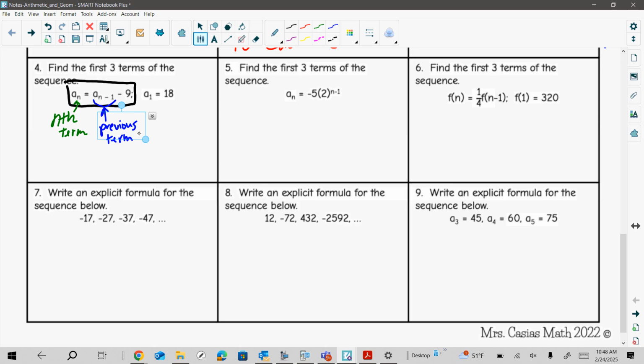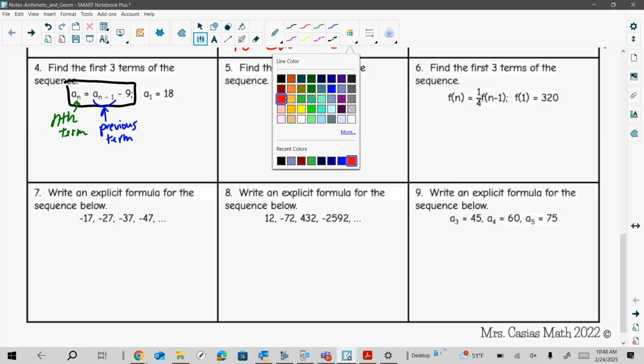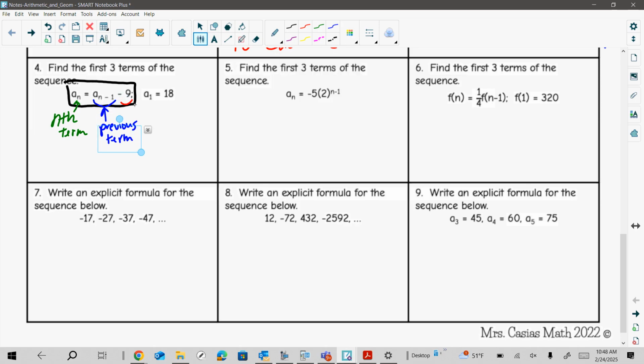And because I see minus 9 here, that is the d, which is the common difference. Our common difference that they're showing here is subtracting 9 each time.